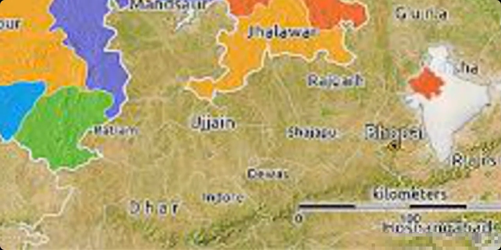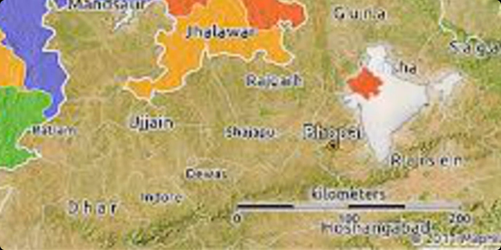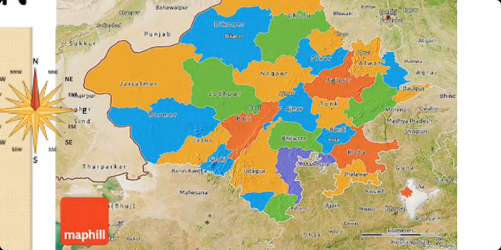Also, below this map of India, there's a long bar with alternating black and white bands. Now, this is known as a scale. It shows some numbers 0, 100, and 200, and above that it says kilometers. We're going to learn about that a little later.